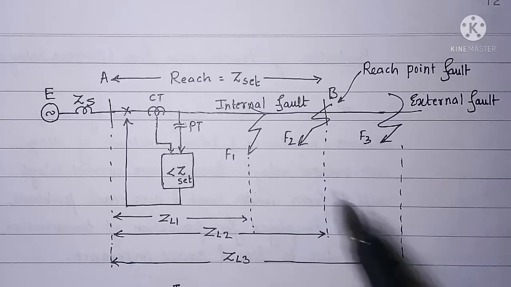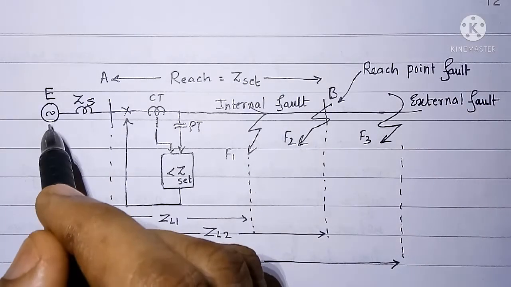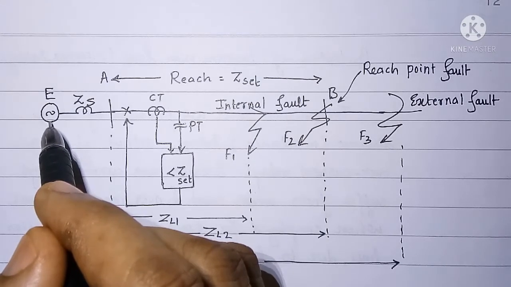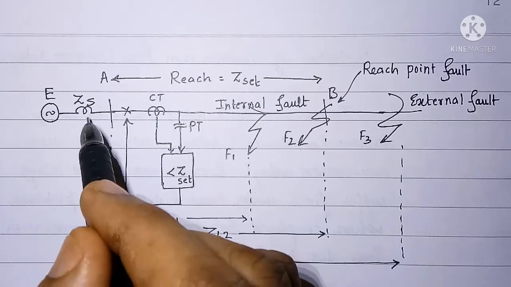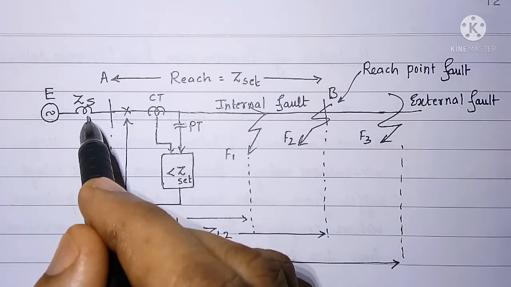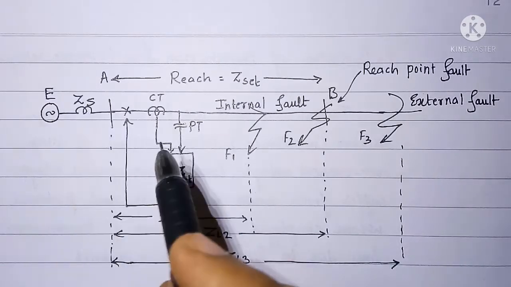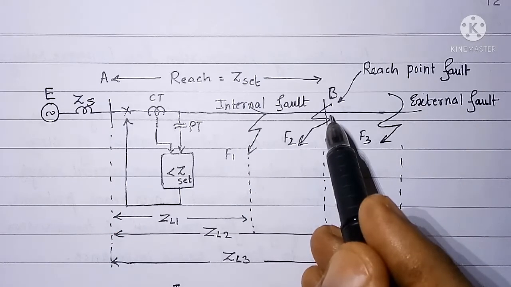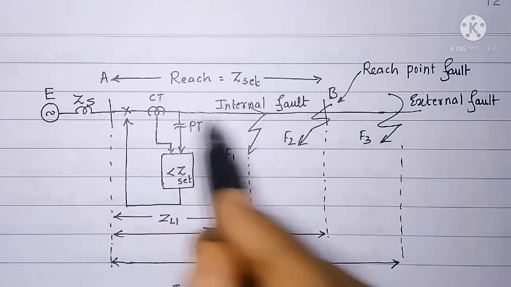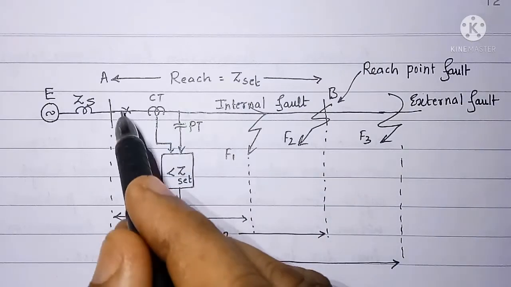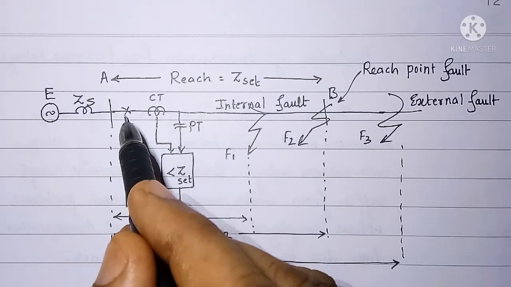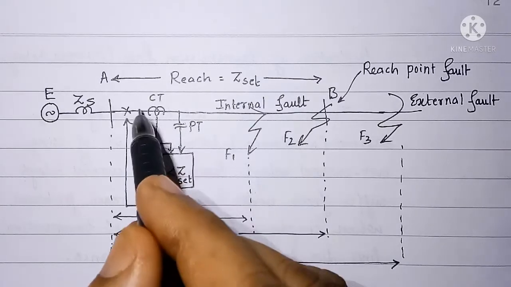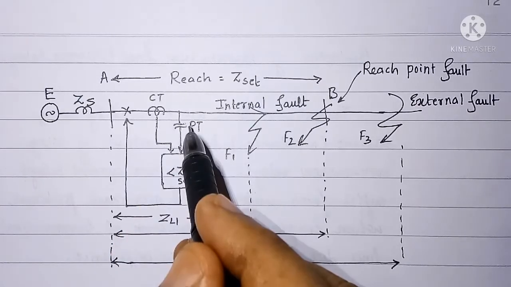In this figure you can see, to the left we have a source, its impedance ZS, that is source impedance ZS, bus A, bus B. Between bus A and B we have a circuit breaker, CT and PT, that is current transformer and potential transformer.